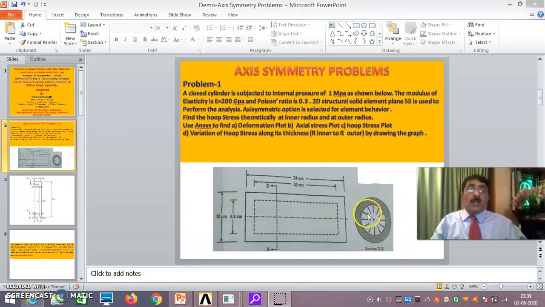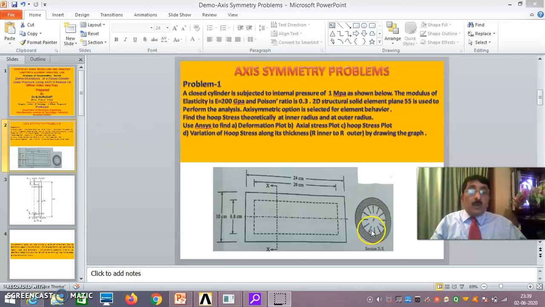You should know that because of the internal pressure, this diameter is going to increase. As a result, every fiber here is going to expand, which means tensile stresses are developed here.